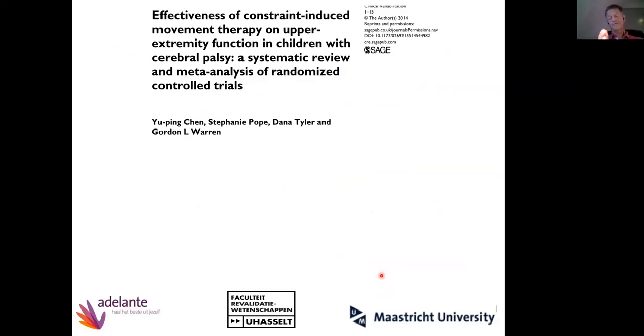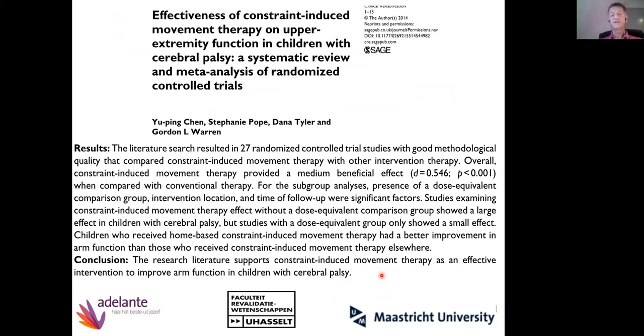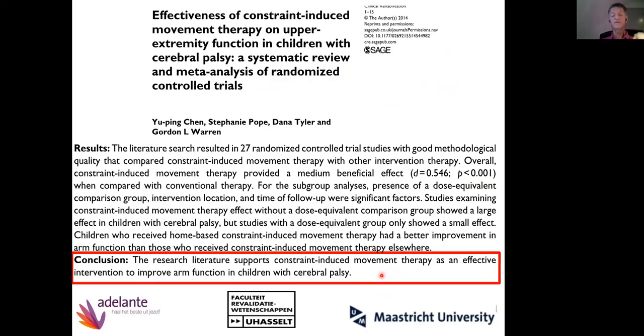Then we had separate groups present the effectiveness of CIMT or bimanual therapy. And in this time area, 2014, we found enough studies, also meta-analyses, that said if you only look at CIMT, constraint-induced movement therapy, it seems to be an effective intervention to improve arm function.